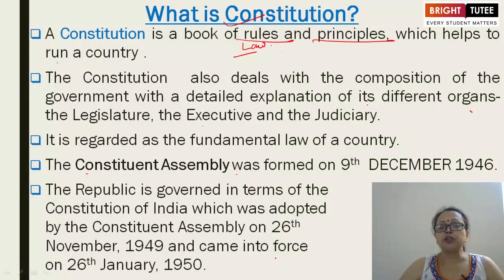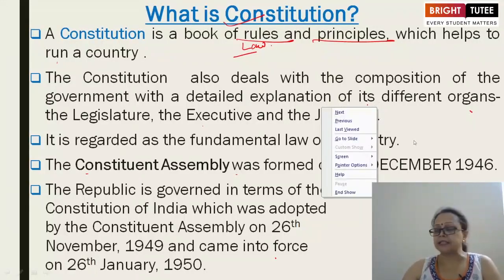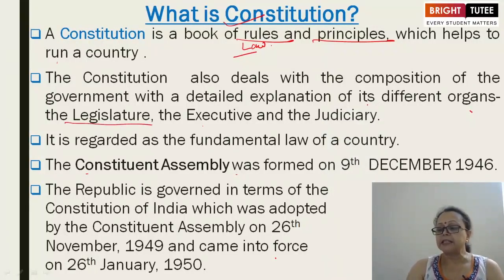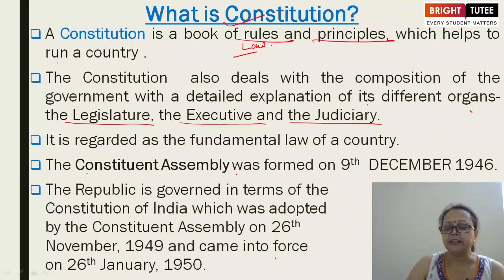The constitution also deals with the composition of the government, with a detailed explanation of its different organs. What does it say? The different organs: legislature, executive and the judiciary.